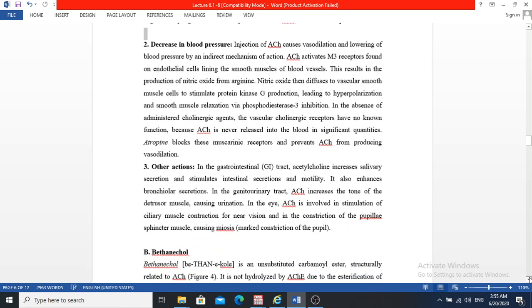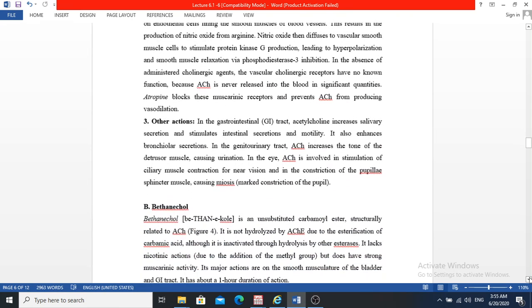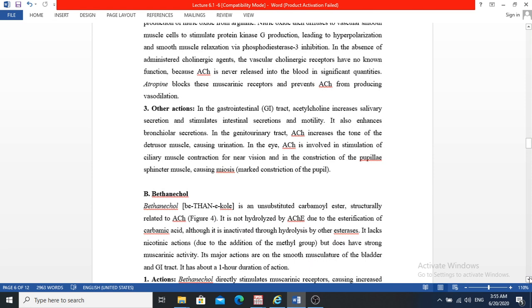Other actions in the gastrointestinal tract: acetylcholine increases salivary secretion, stimulates intestinal secretion and motility, and enhances bronchial secretion.